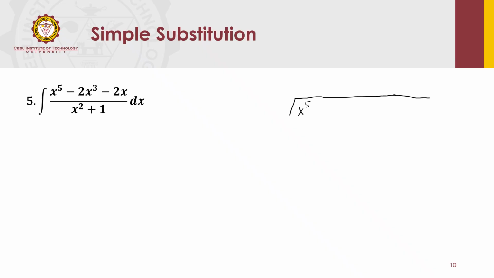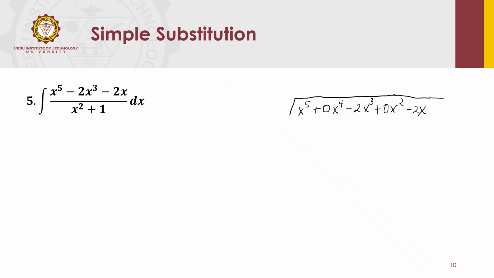It starts with 5x to the power of 5. There should be an x to the power of 4, and since it's not present in your numerator, you need to write 0x to the power of 4, followed by x cubed, so it's 2x cubed. 2x squared is also not present, so you should put 0x squared, and then minus 2x. It's okay if there's no constant term.